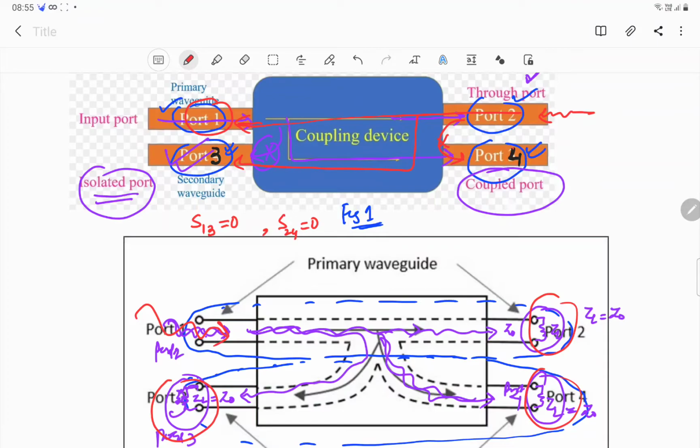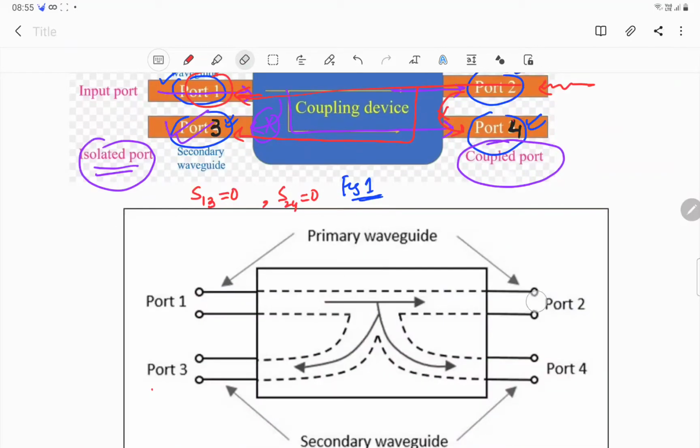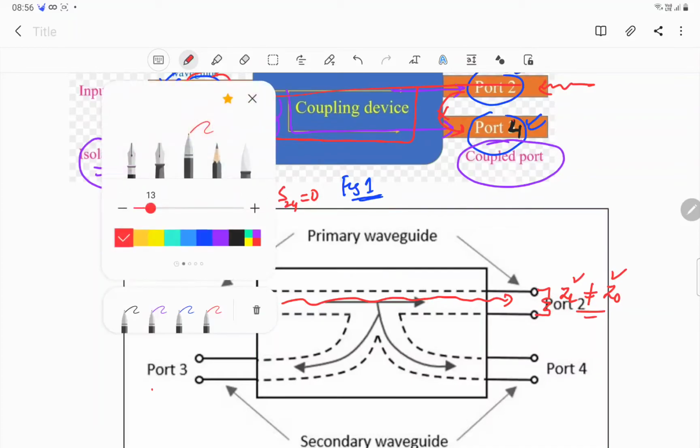What happens in that case is, let me erase this first. Say I am terminating port 2 with some impedance ZL which is not equal to the characteristic impedance, and when I feed a signal at port 1, the power flows to port 2, but since ZL is not equal to Z0, there will be reflections. We'll be having a reflected wave as well.